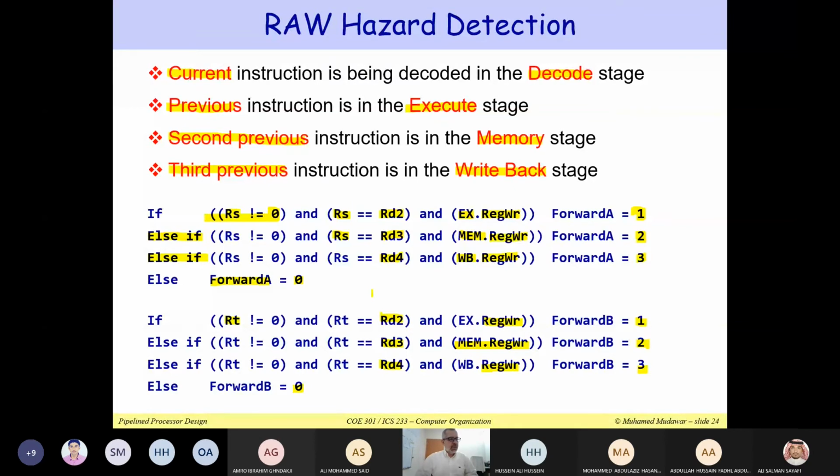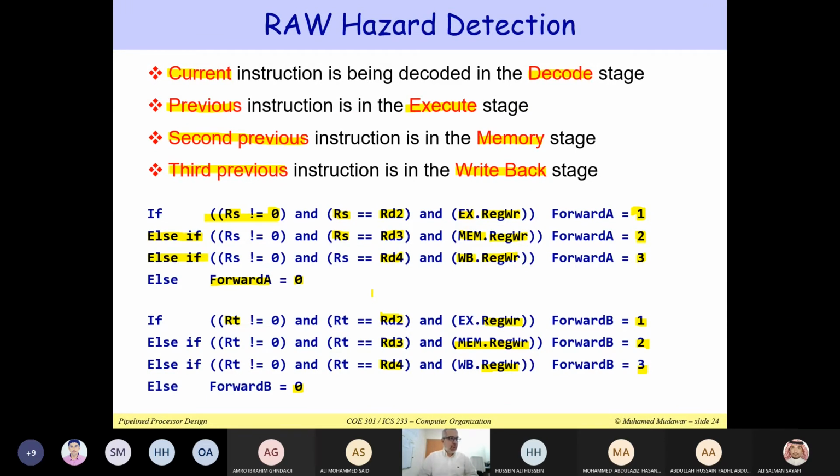So the problem exists when an instruction depends on the previous or second previous or third previous, and they are still in the pipeline. But once the instruction has written back its result to the register file and it has completed, then there is no need for forwarding, because the data exists in the register file, and later instructions that come into the pipeline can just read it directly from the register file.